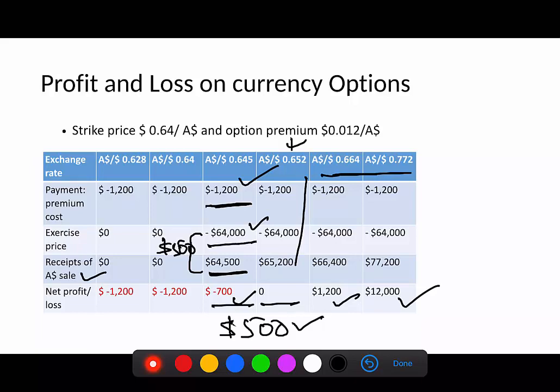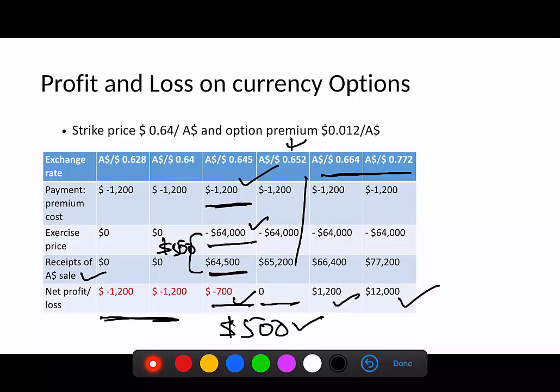So if you simply pause the video and carefully watch over here, you will find that under the different circumstances, how he will end up getting benefit from exercising the option, and when he's not exercising the option, especially in these two conditions, he definitely has a loss.